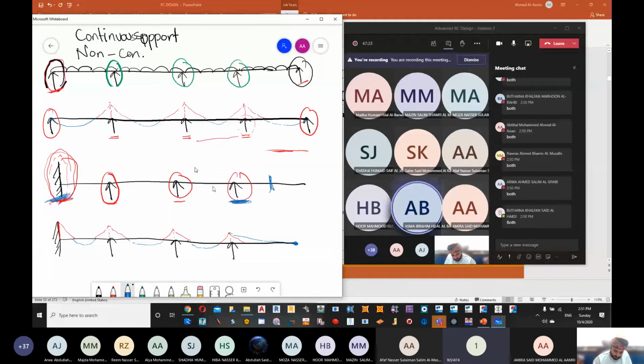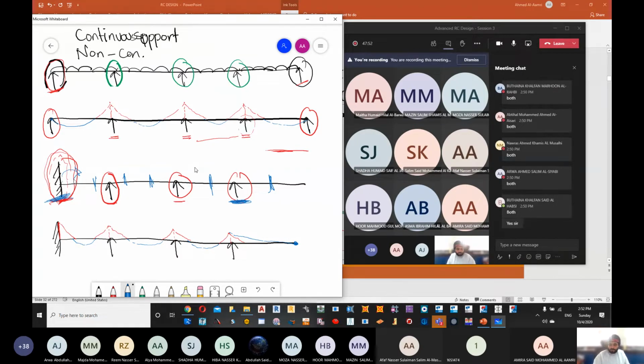It has a member on the right, it has a member on the left. This one is having left and right. This one is having left and right. This one is having only right. Are we fine?